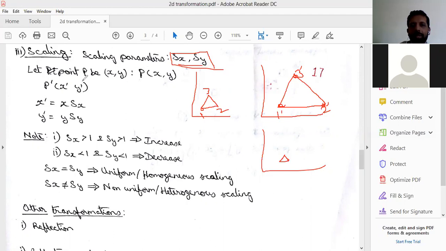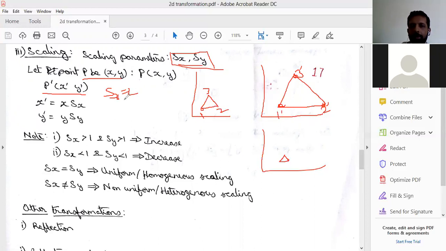Okay, so let us take only one single point whose coordinate is x comma y. And its final point value, by how much it has to be scaled, is nothing but x dash and y dash. So let us assume a uniform scaling value for x and y of 2.